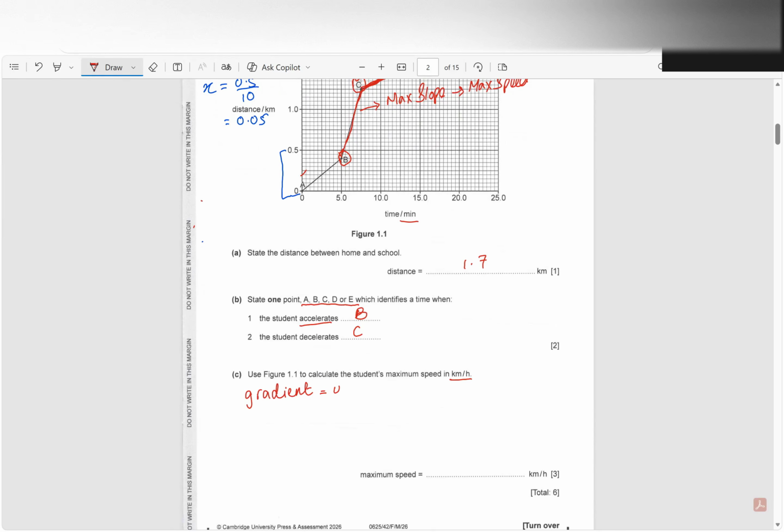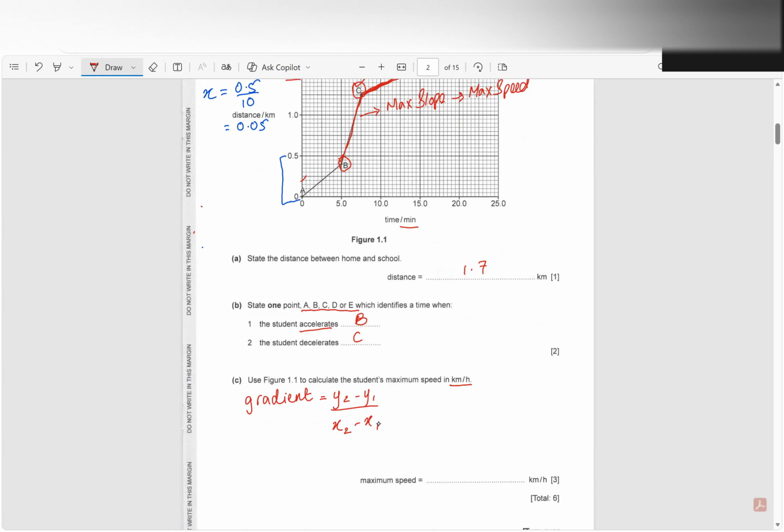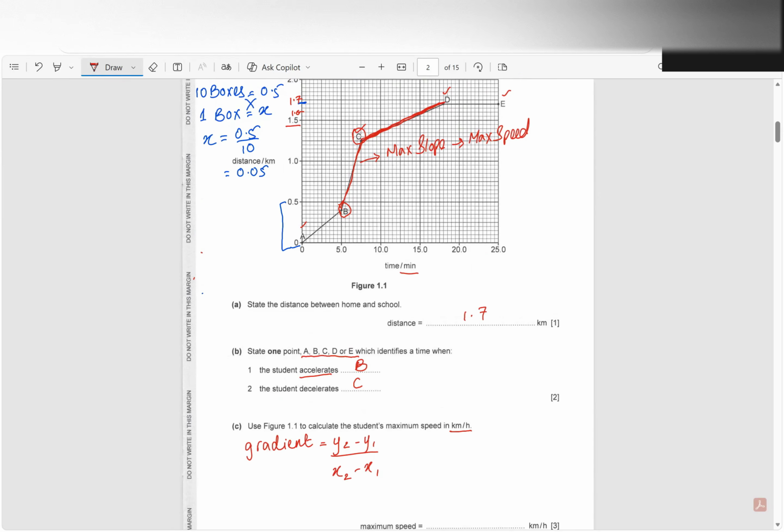So the gradient formula is y2 minus y1 divided by x2 minus x1. Point B has coordinates 5 and 0.4, meaning the graph at point B has traveled to a value of 5 on the x-axis and a value of 0.4 on the y-axis.